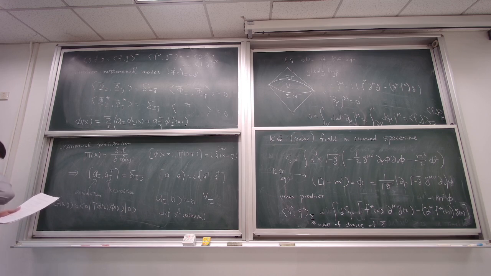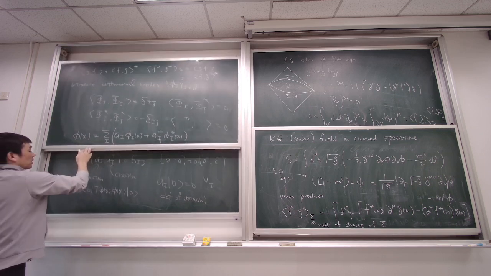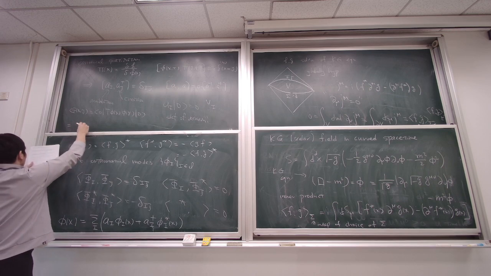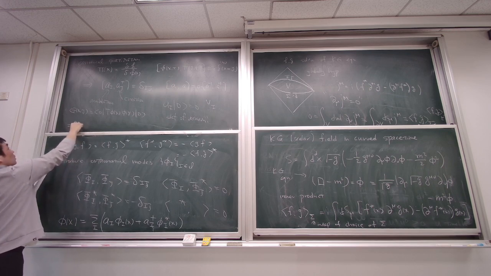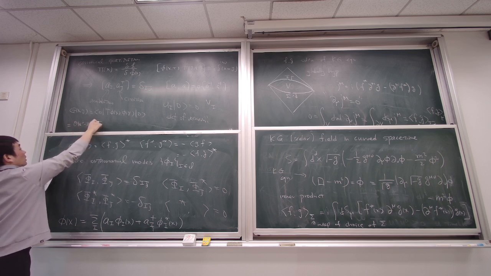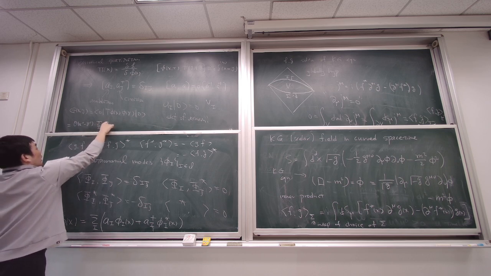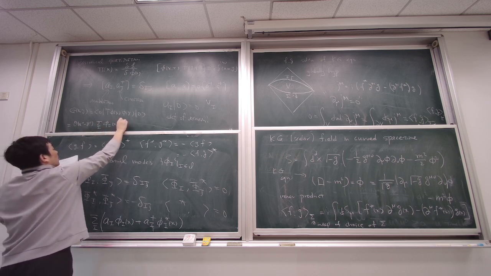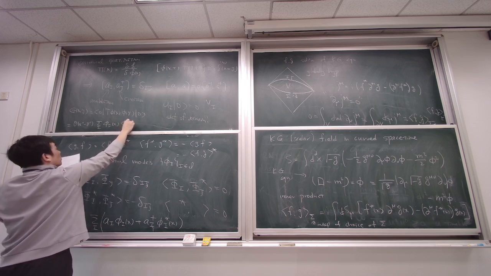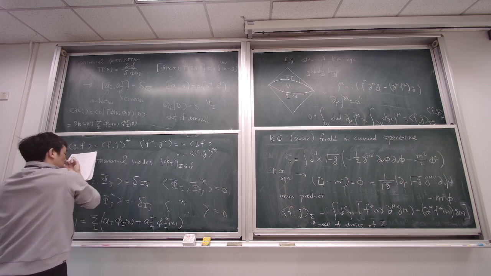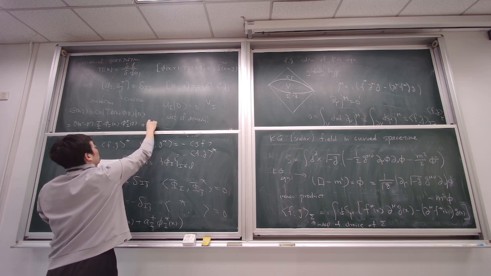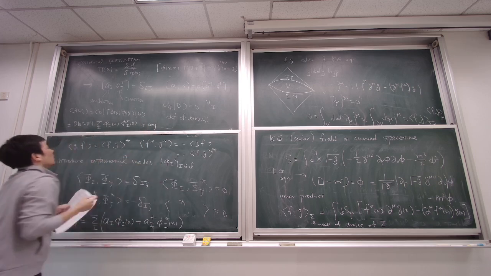Okay, and this can be written as the sum over i of phi i x phi star i y, and then its conjugate.